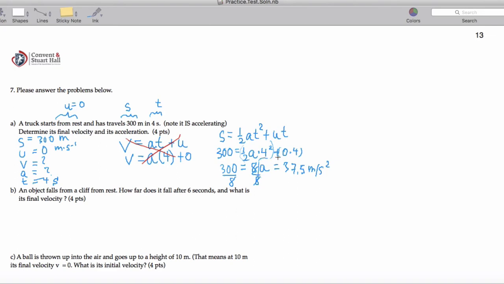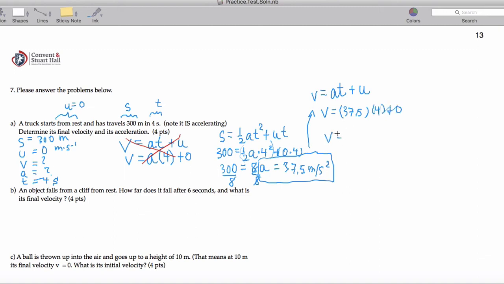So there's my a. Now I can go back and use this in the velocity formula. So I will say v equals at plus u. So that's v equals 37.5 times 4 plus 0.